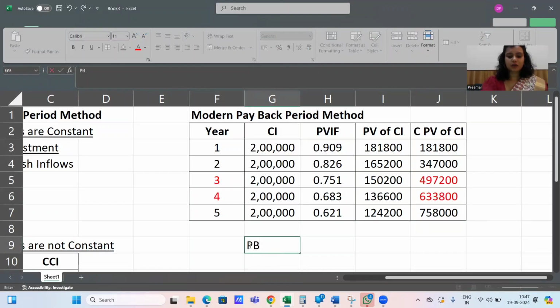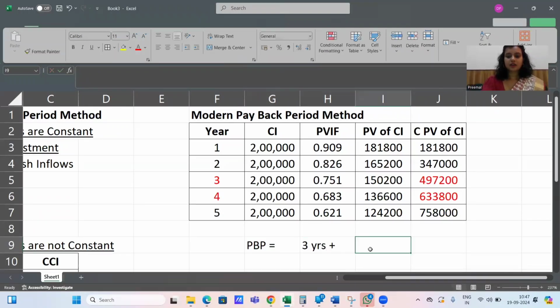So let's find out the payback period. So that's going to be 3 years plus the difference. Now, at the end of third year, we've been able to recover 4,97,200. We need how much more to recover the entire 6 lakh? So that's 6 lakh minus 4,97,200.